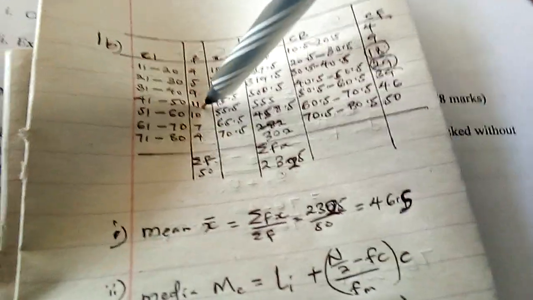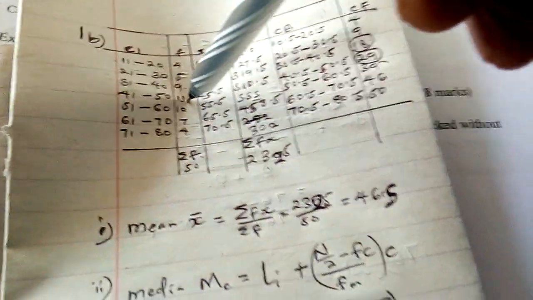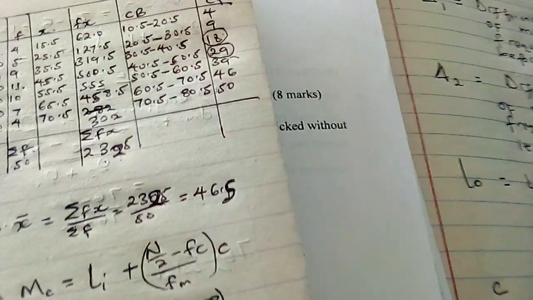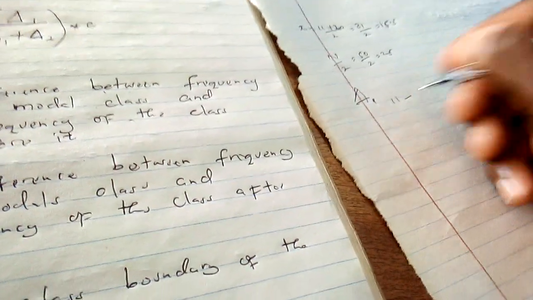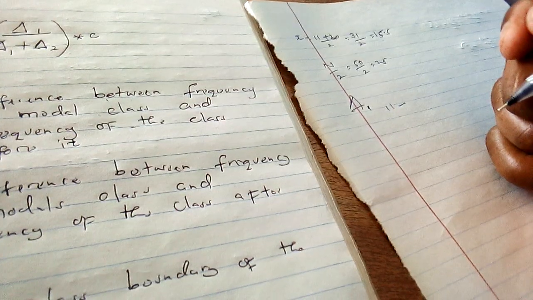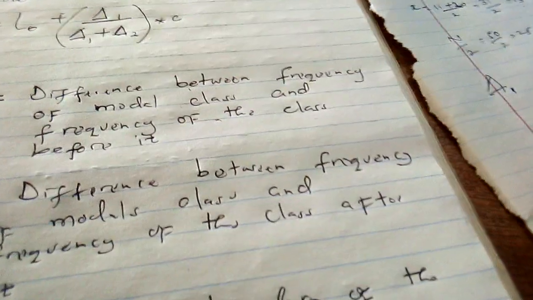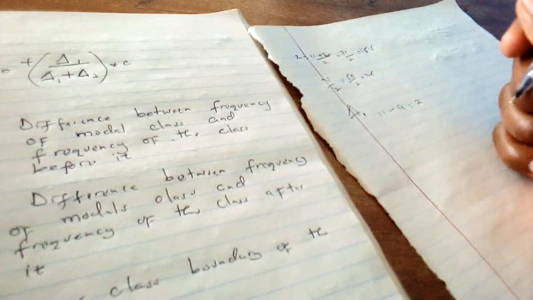So this one becomes the modal class. So the frequency of the modal class here, it is 11 minus the frequency of the class before it, which is 9. So 11 minus 9, which is equals to 2. So that's why we get our value here as 2.